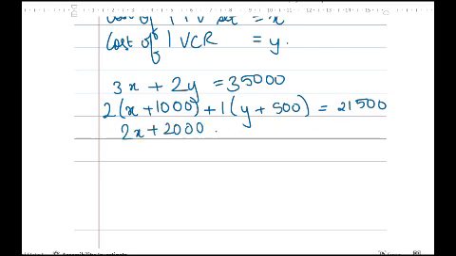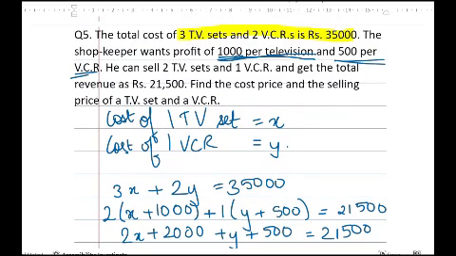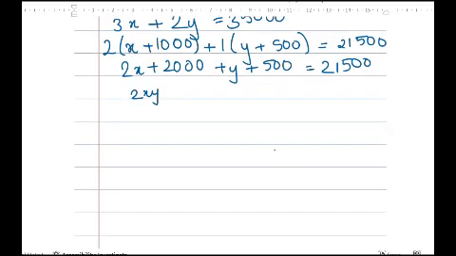You get 2x plus 2,000 plus y plus 500 is equal to 21,500. 2x plus y. Oh wait, it's 2x plus y, not 2xy. So 2x plus y is equal to 21,500.